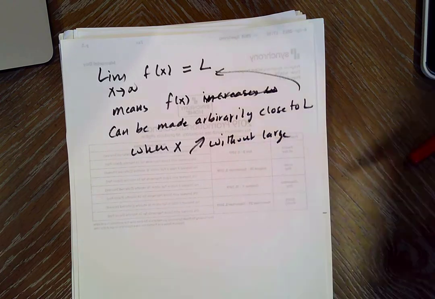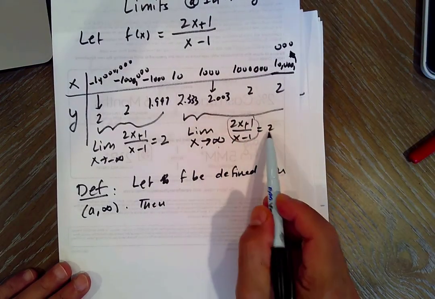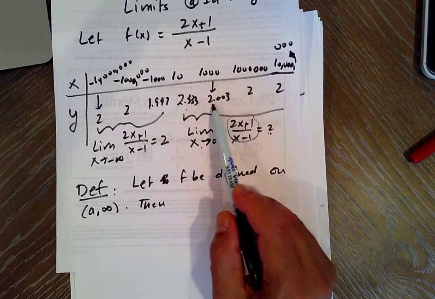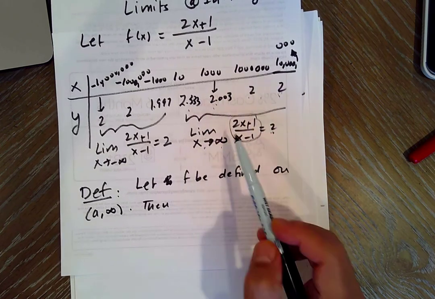So we saw in the example, the limit of f of x as x goes to infinity equals L means the values of f of x can be made arbitrarily close to 2 when x increases without bound.